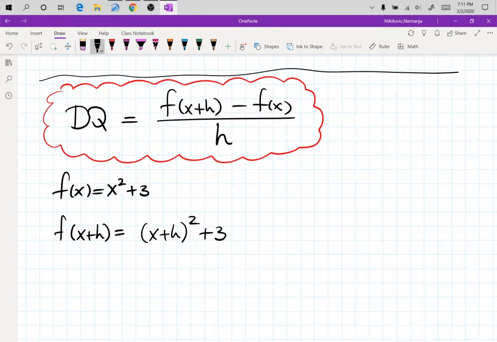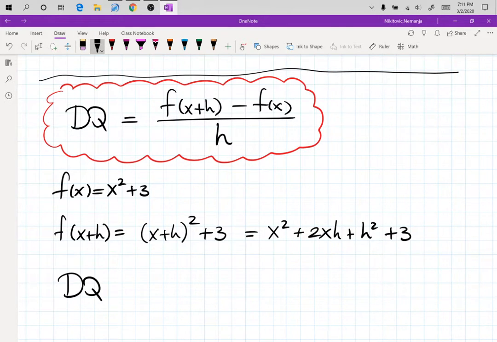So now we FOIL this, and get x squared plus 2xh plus h squared plus 3. And now we plug all of these values into our difference quotient.